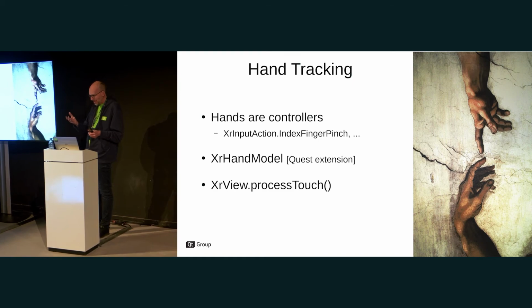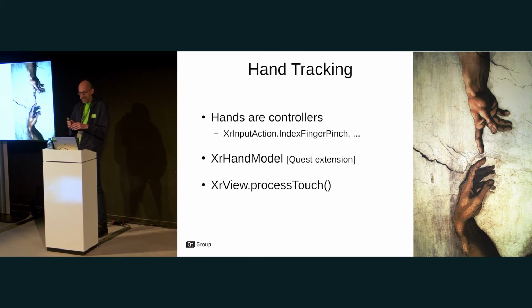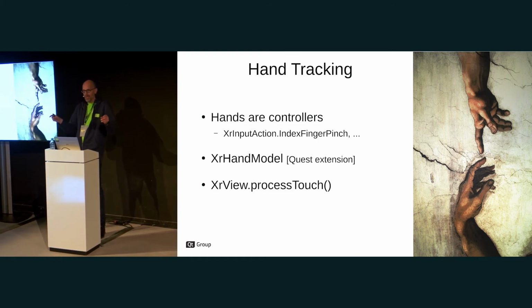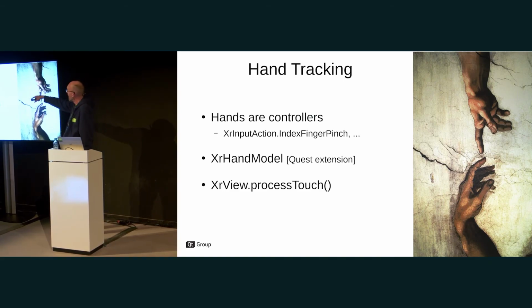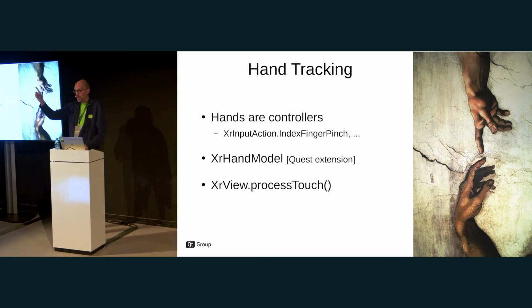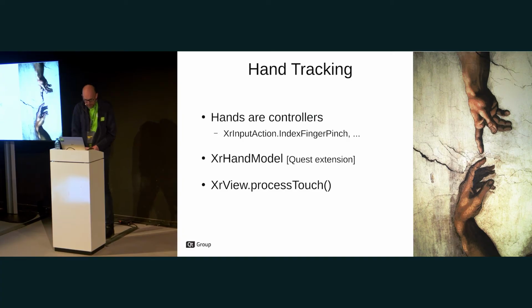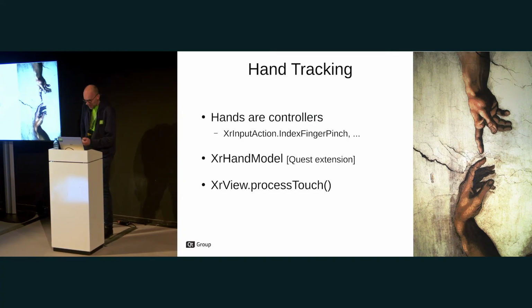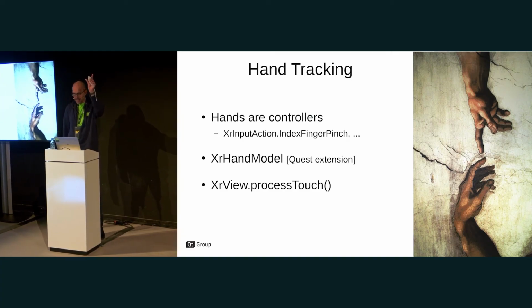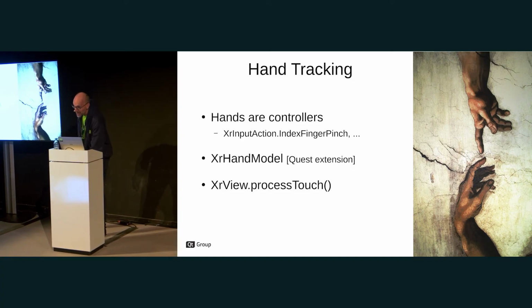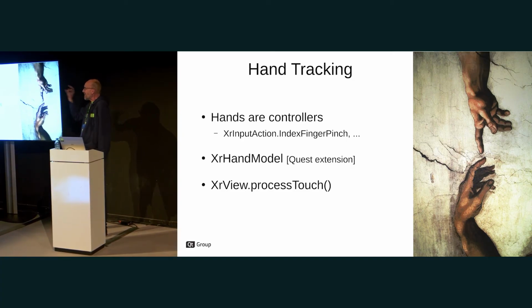Now, hands typically don't have buttons and joysticks, so we have some extra input IDs like pinch gestures, the index finger pinch, the middle finger pinch, ring finger pinch, and so on. The grip action uses the same ID as the controller grip action, actually. So that's the simple way.